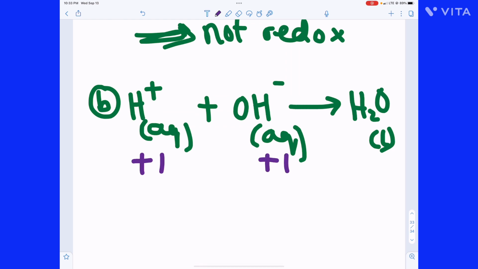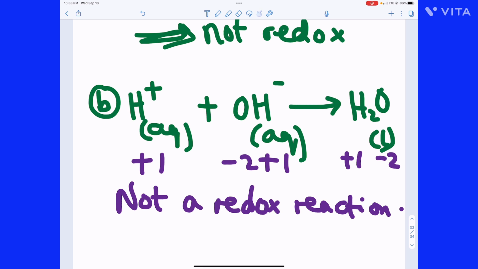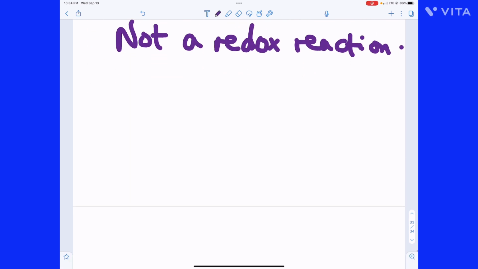It's also +1 here. Oxygen is -2. Hydrogen is +1 here too. Oxygen is -2. There's no increase, there's no decrease. So this reaction is not a redox reaction. Next one.